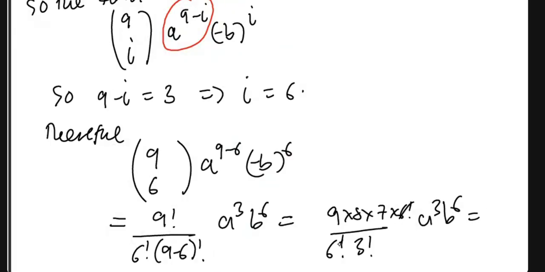So you cancel here and you cancel there. So you're going to have 84 a to the power 3, b to the power 6. Okay, questions?